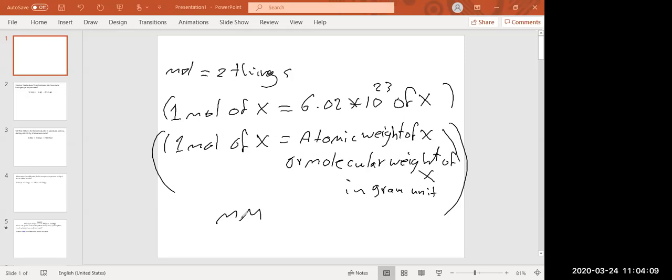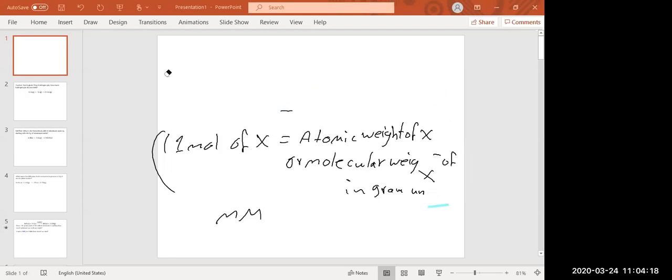Okay, let's practice it quickly with some examples for the mole.